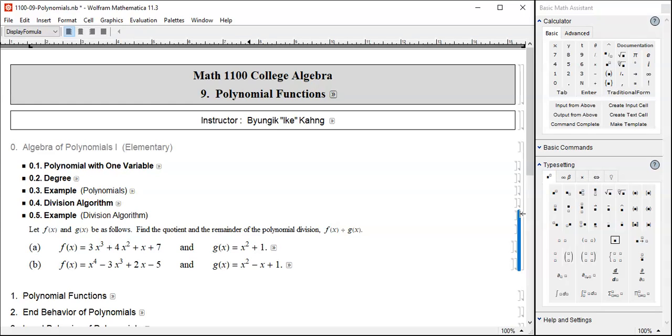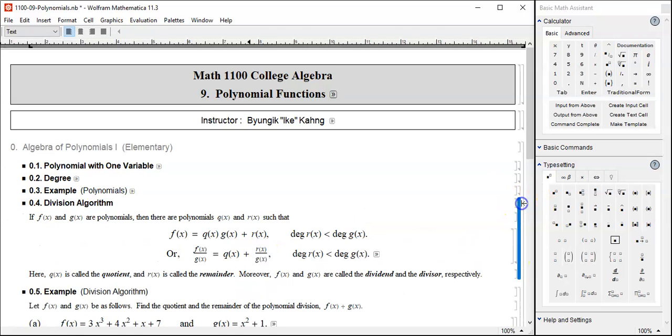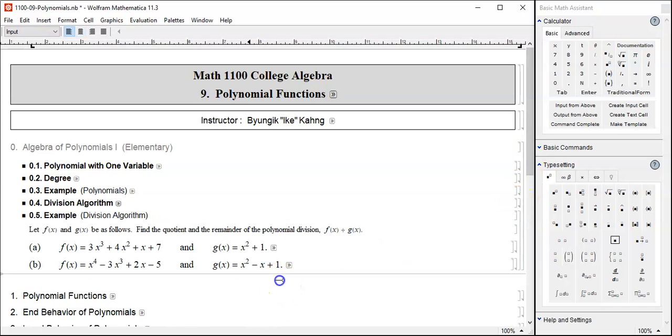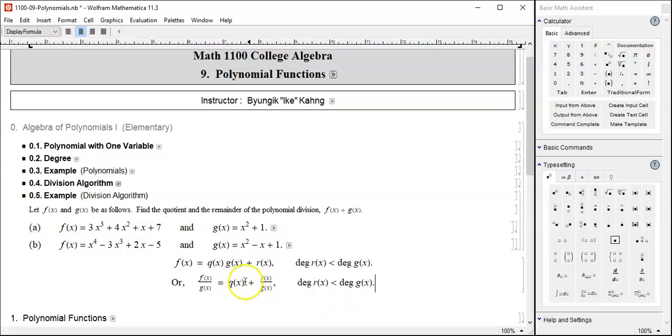Otherwise, let's begin. f and g are like these, and let's do the division, f of x divided by g of x. Basically, what you want to find are the quotient and the remainder. So basically what we want is these kind of expressions. We're going to find out what q is and what r is.